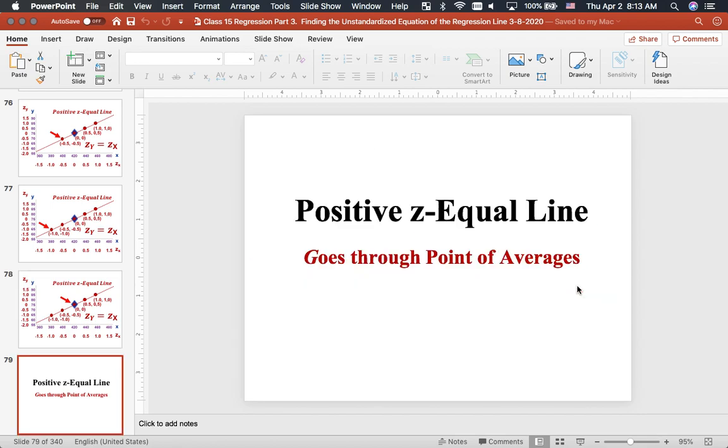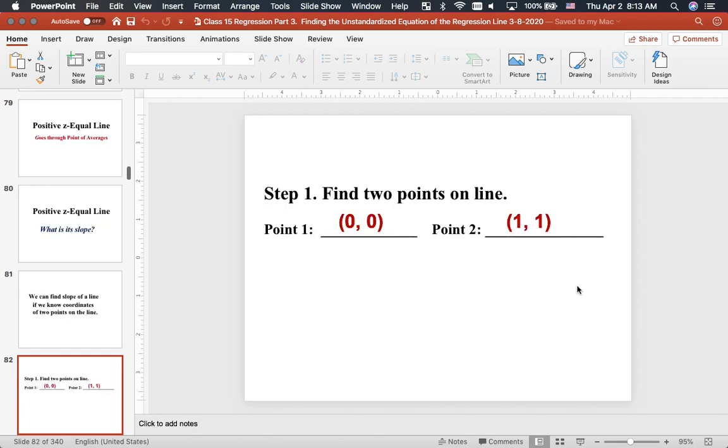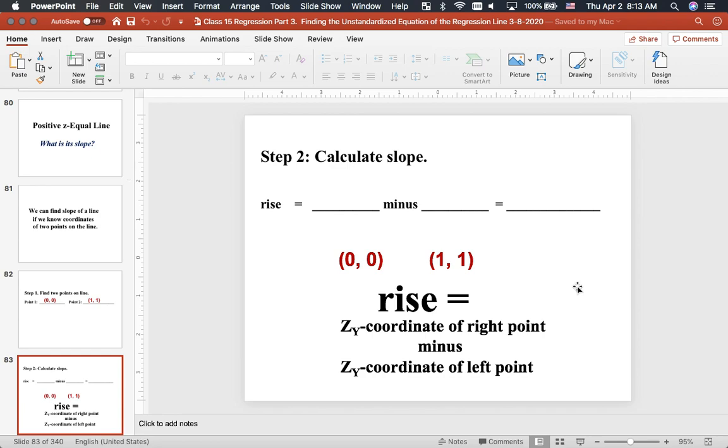That's the equation for the positive z equals line. Okay, so the positive z equals line, just like the regression line, always goes through the point of averages. And what's the slope? Well, we can figure it out. Let's find 2 points. Let's see, 0, 0 and 1, 1. What's rise going to be? Zy2 minus zy1.